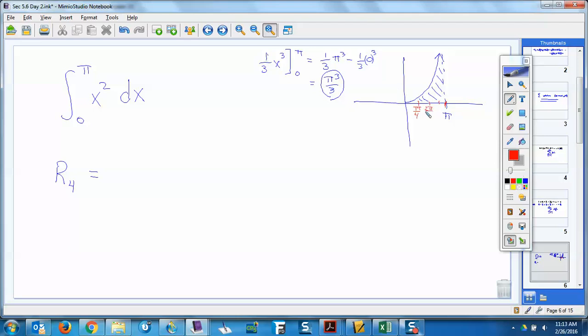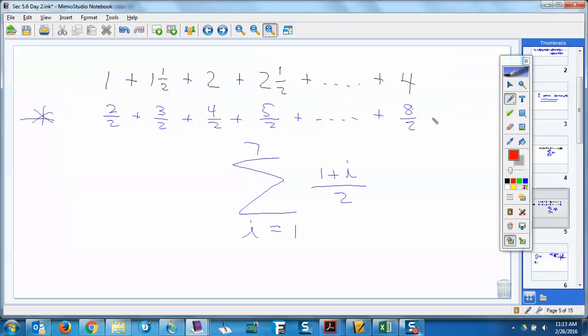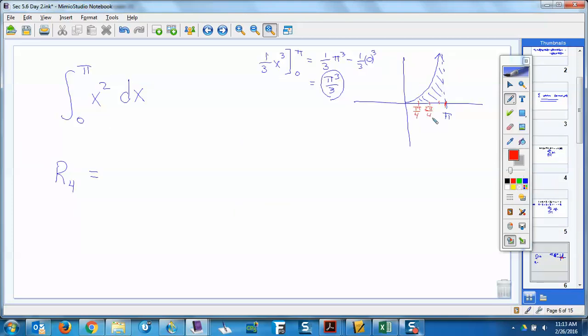But I'm going to write it 2 pi fourths. Remember this right here? It's easier if we don't write it simplified. Okay? And then what's this one? 3 pi fourths. And actually, what's this last one? 4 pi fourths. You probably already see an i in there. 1 pi, 2 pi, 3 pi, 4 pi.